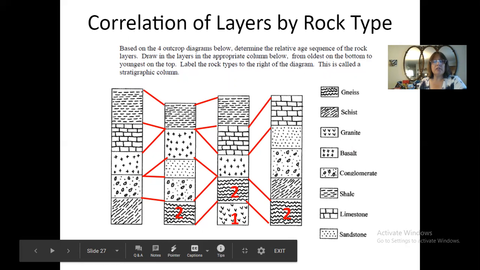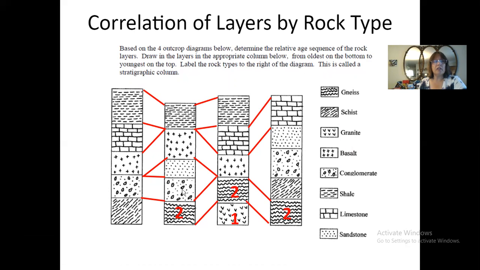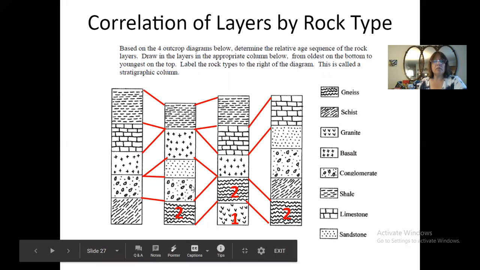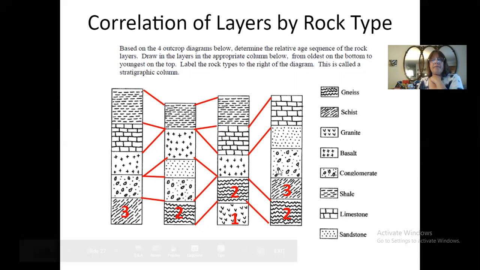And then our choices are schist and conglomerate. Well, there's conglomerate above the schist, so the schist is next. And then our choices are conglomerate and basalt. Well, there's basalt above conglomerate, so conglomerate is next. And then our choices are sandstone and basalt.